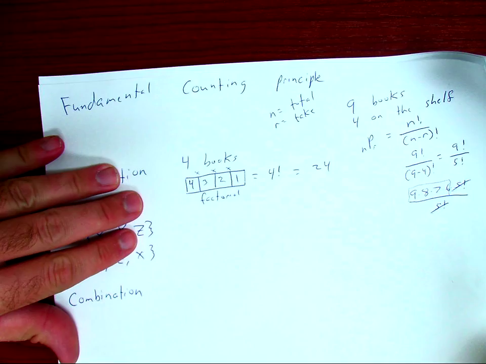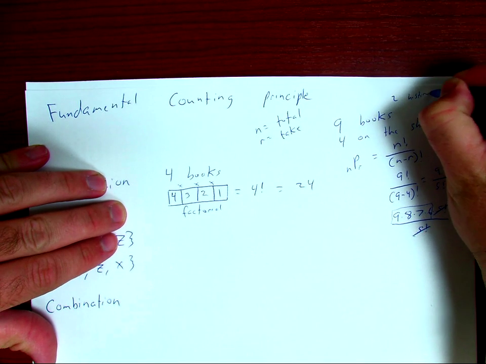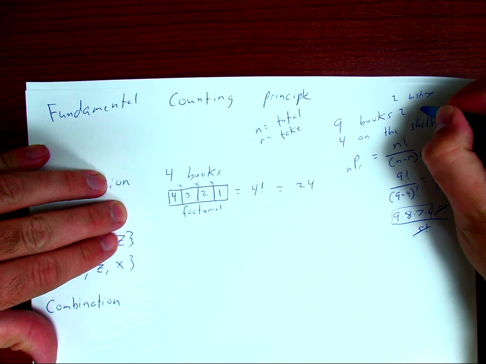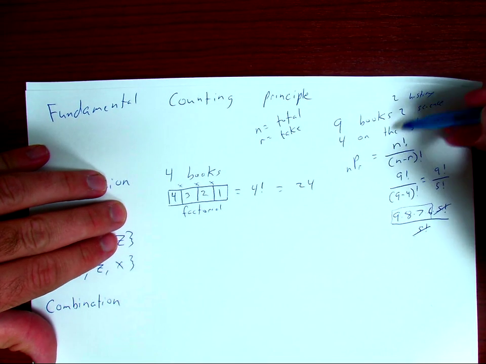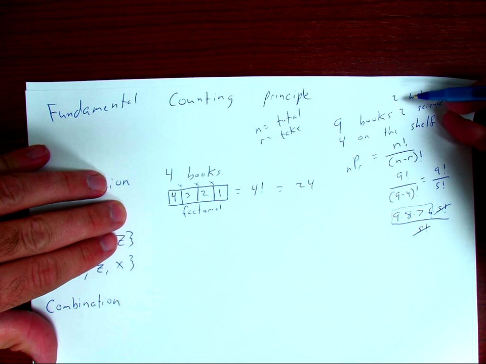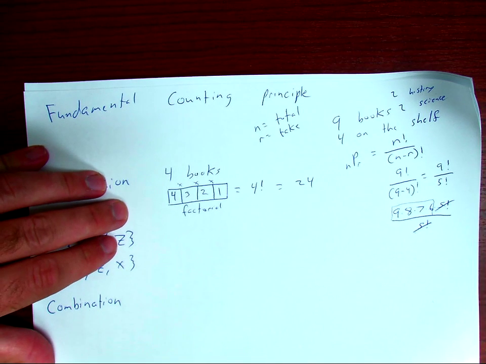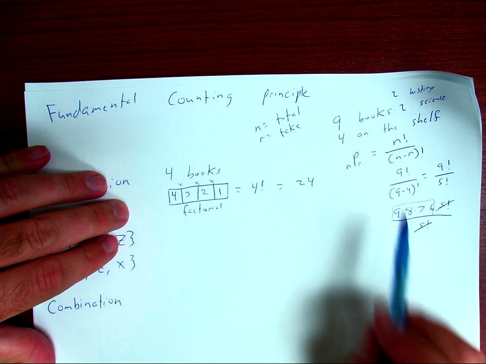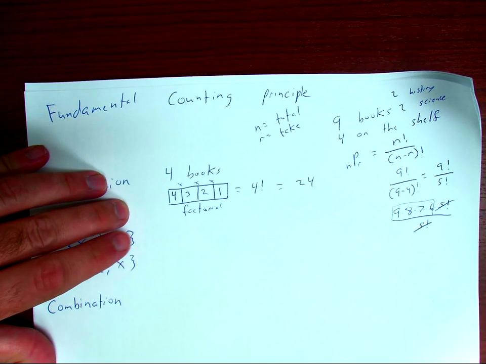Let's say of these 9 books, 2 are history and 2 are science. So in this subset, I have another subset. In that case, this is called repetition. We just add the factorial for every repeat into the denominator.